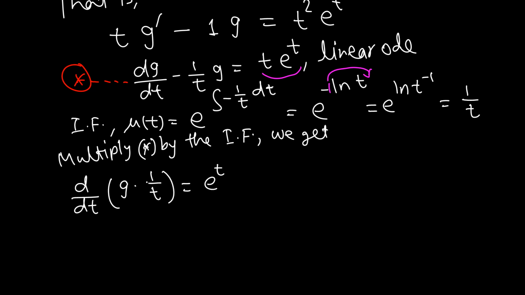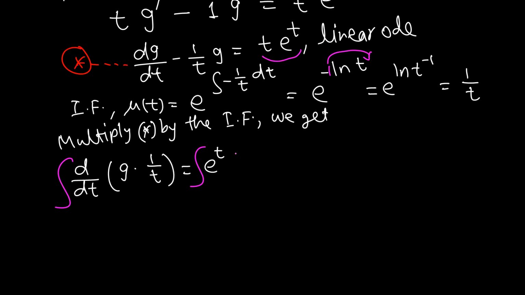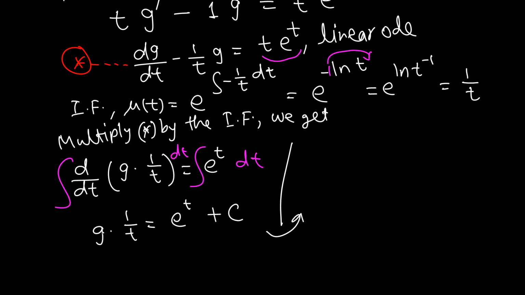Now we integrate both sides, okay, with respect to t, obviously. This is dt. When we integrate, just this survives, g times 1 over t equals the antiderivative of e^t, which is just e^t plus some constant c, and to isolate g, this is 1 over t, so we can multiply through by t, and we have already said t is positive.